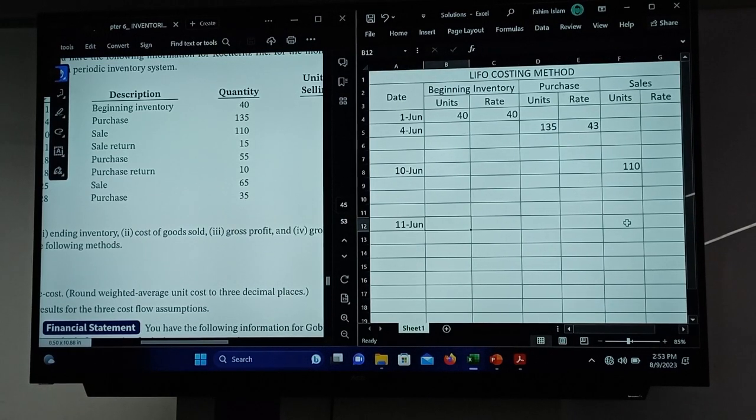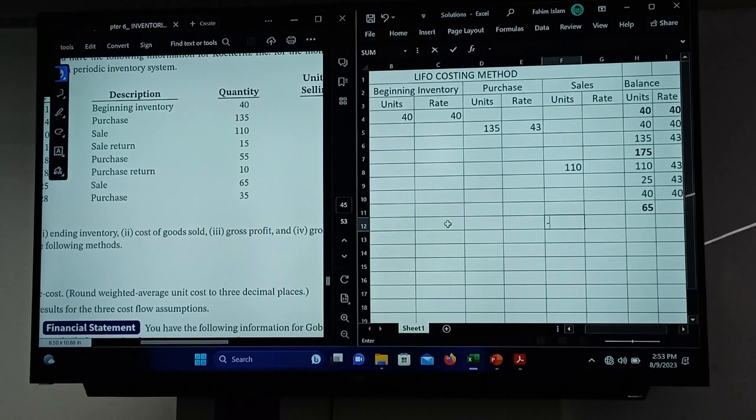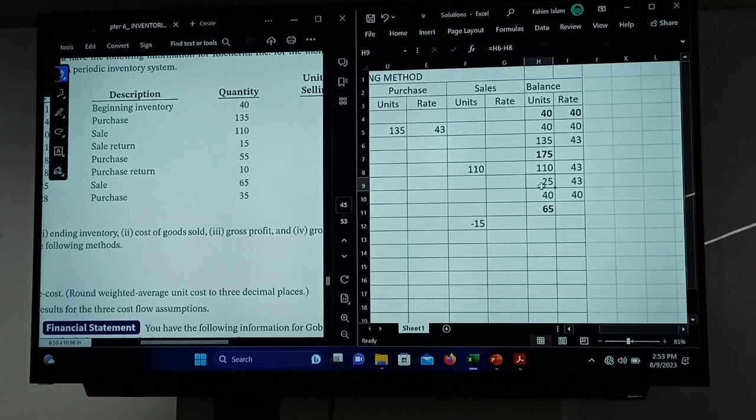June 11, we have a sales return of 15 units, so we have to keep that as minus 15, and it will return to our inventory, which is the last one we have inputted. It will be interchanged as 40, and it will be 25 and 42.